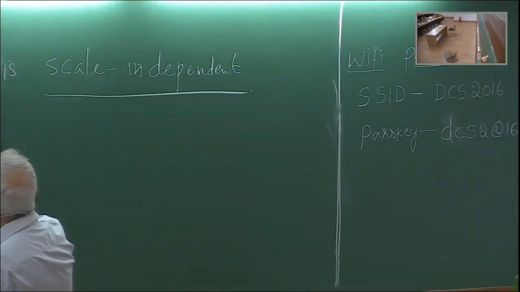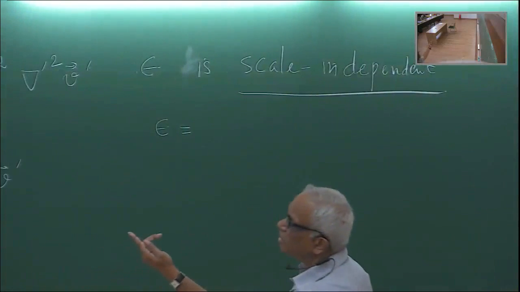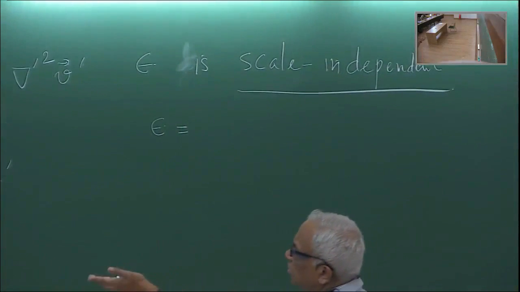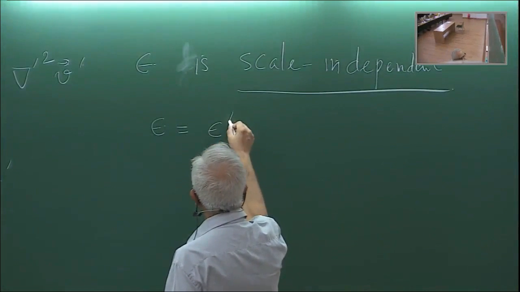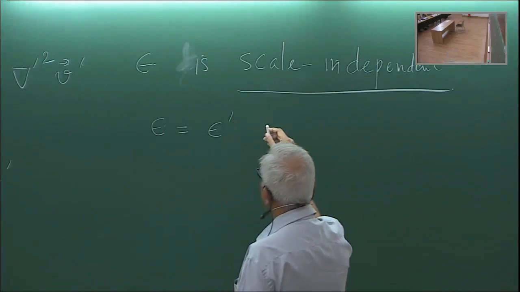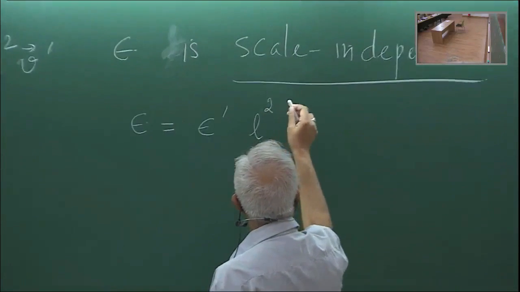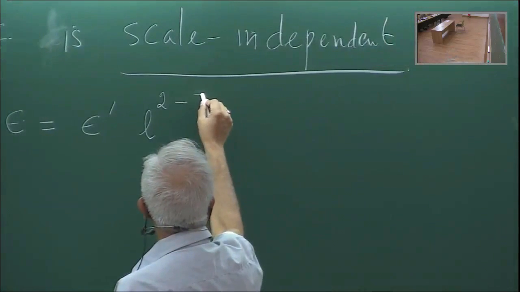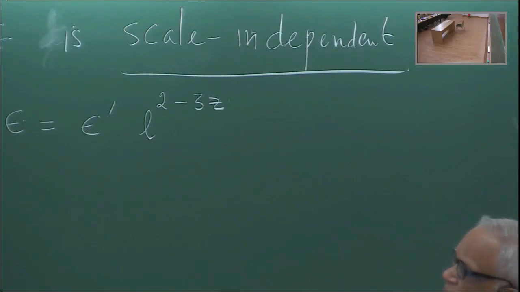So what's the scale of epsilon? I have written it down over there, which is L. So if I were to rescale, epsilon is going to be epsilon prime L to the power 2 minus 3z, right? Because that's the definition.